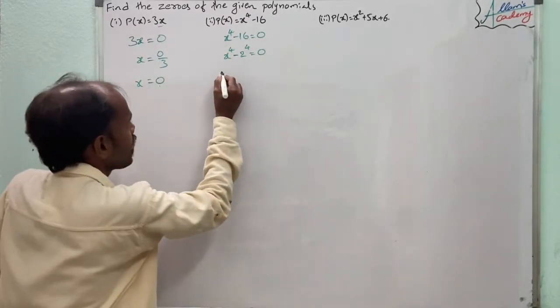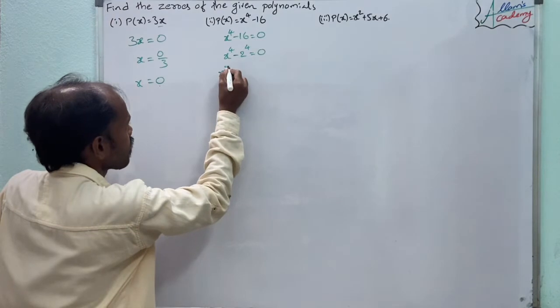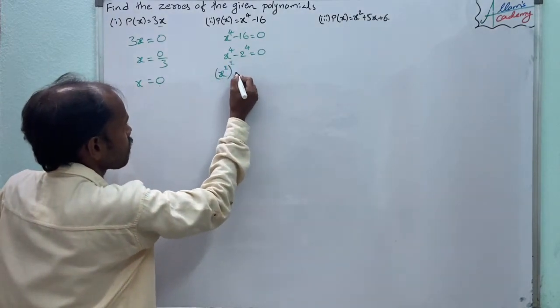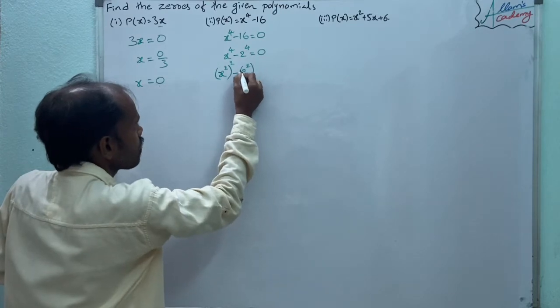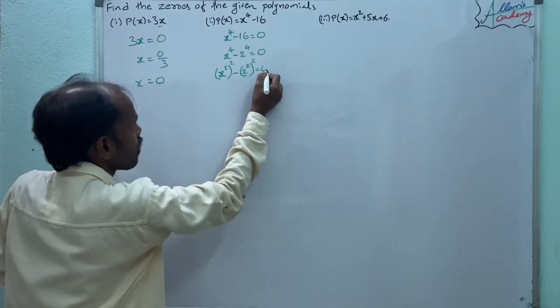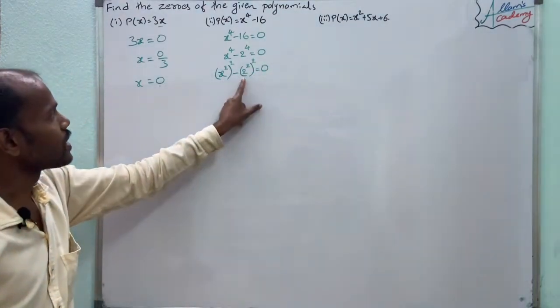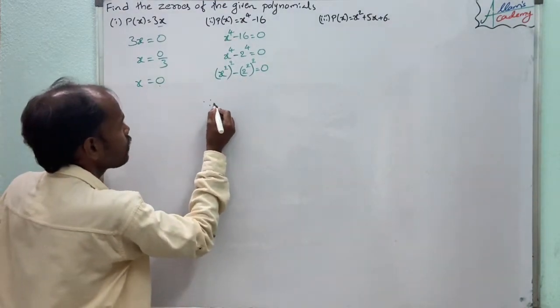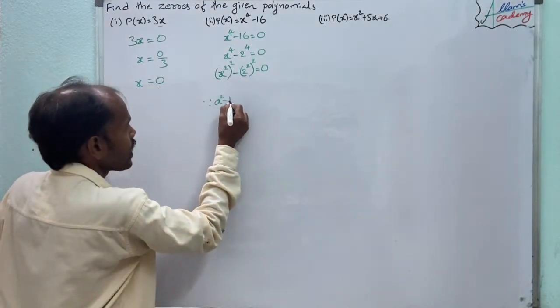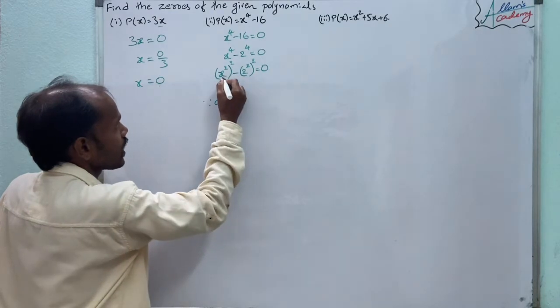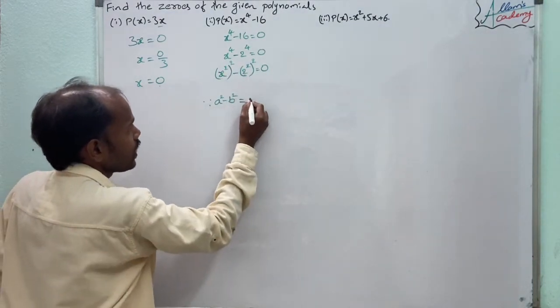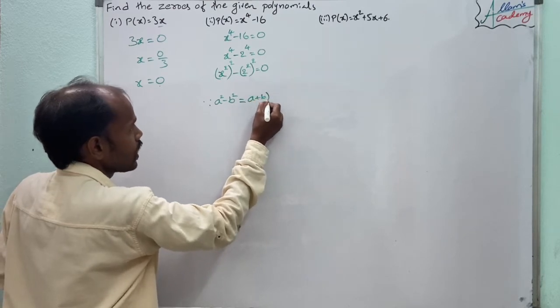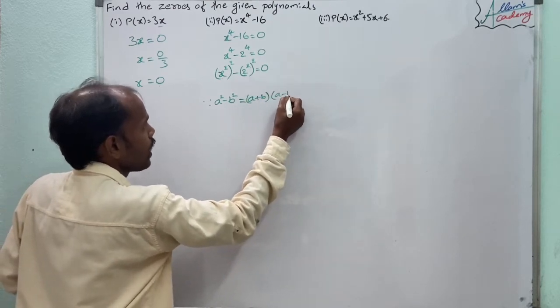In that way we can write x power 2 whole square minus 2 power 4, that is 2 square whole square, equals 0. Now this one is in the form of a square minus b square. So here a equals x square, b equals 2 square. A square minus b square equals a plus b into a minus b.